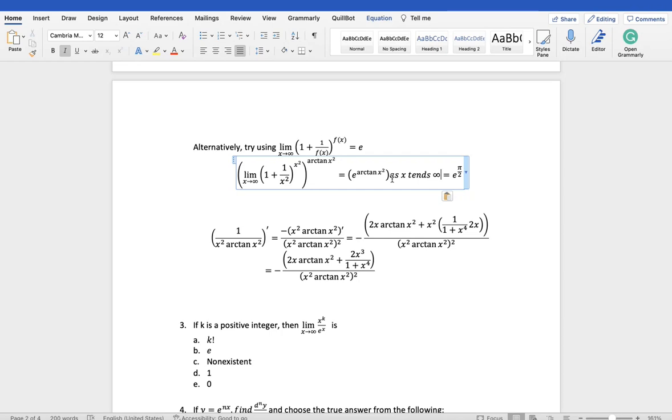So as you substitute in the value of x here, you have e to the arctan of infinity squared. Infinity squared is just infinity, right? So you have e to the arctan of infinity, which is equal to pi over 2. So you have e to the pi over 2, right? Not sure if it makes more sense there.